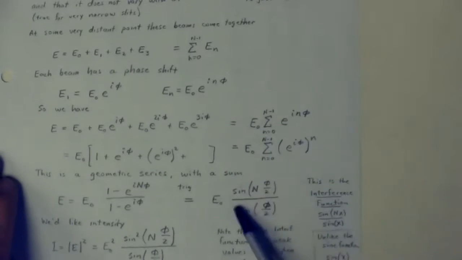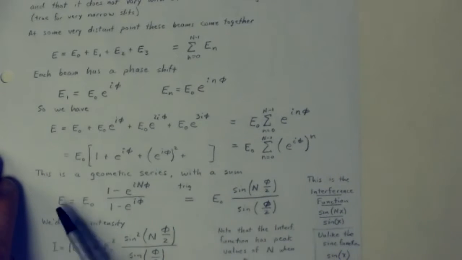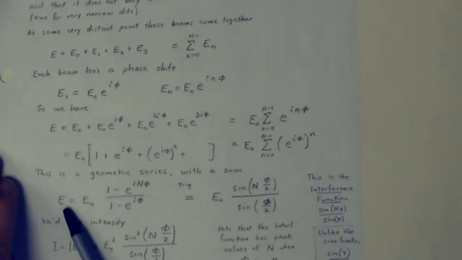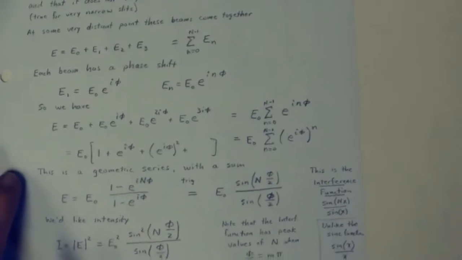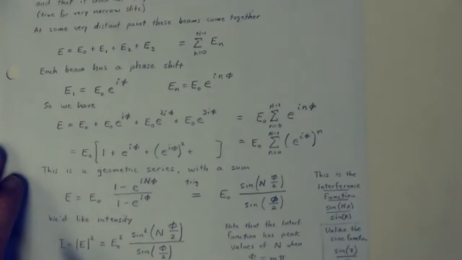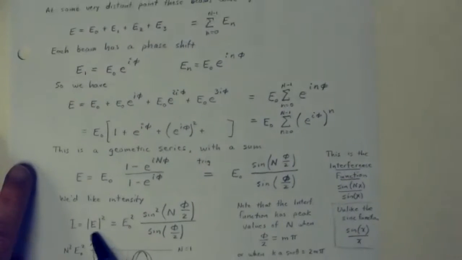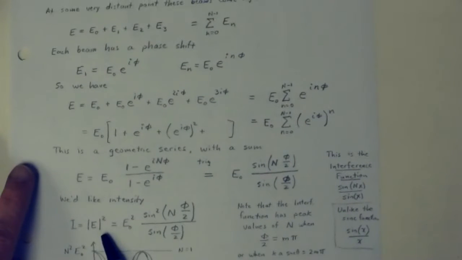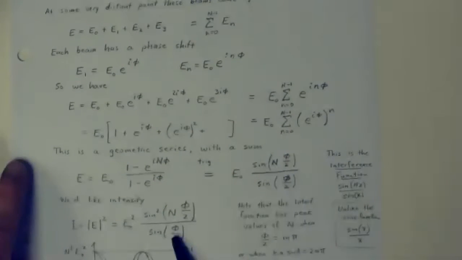And remember, the interference function just gives us the result for the electric field. But what we're probably going to want is intensity, ultimately. So you have to take the square magnitude of that, which in this case is just squaring it. And so we'd have E0 squared out in front, and then this function squared.